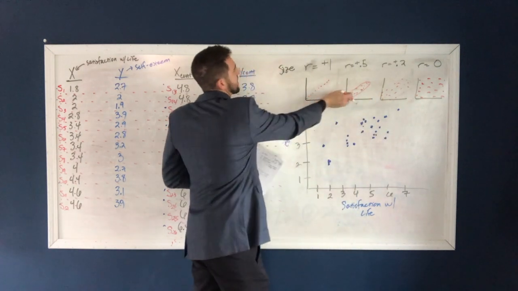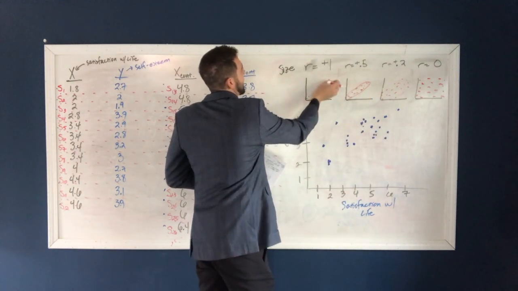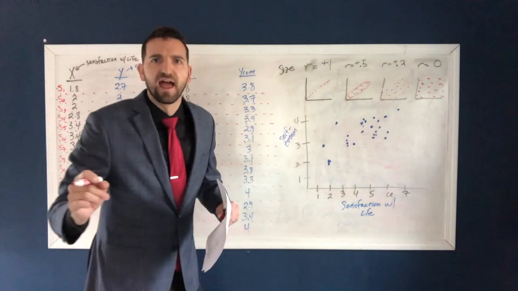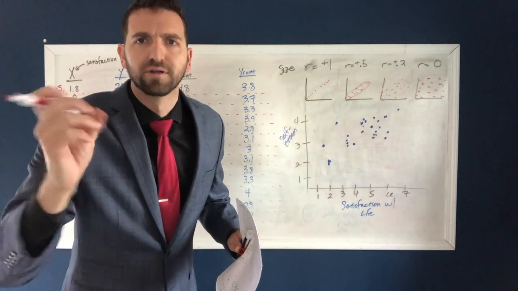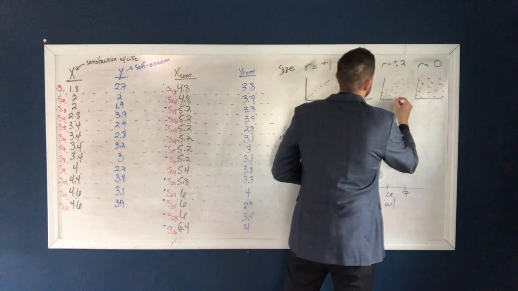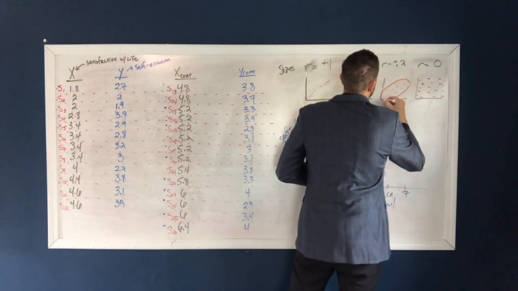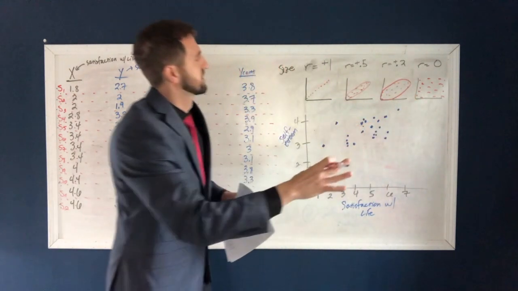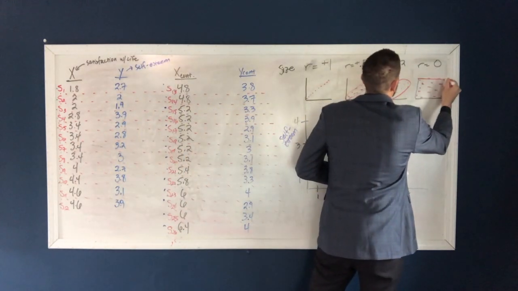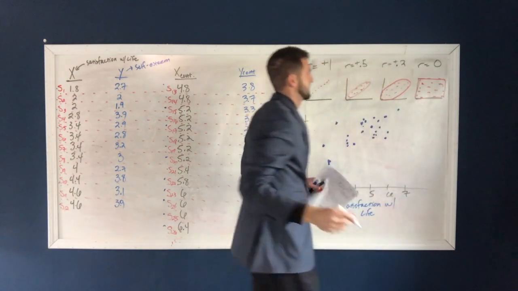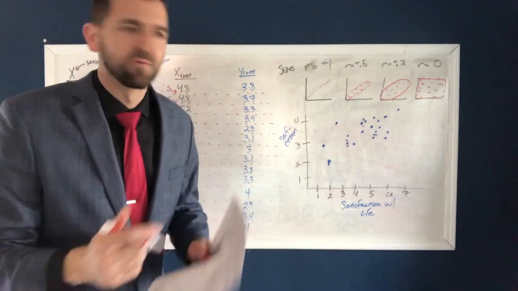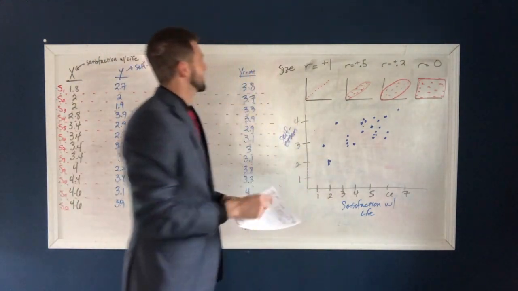The dots are spreading away from that imaginary line, because it's not as strong a relationship between the two variables. 0.2 is spreading even more. And then 0 is no relationship, so the dots are just everywhere.